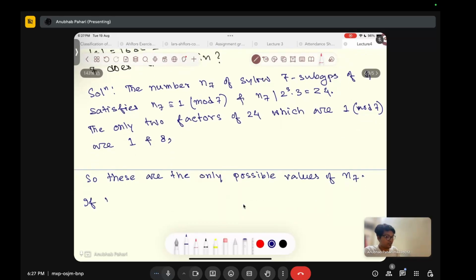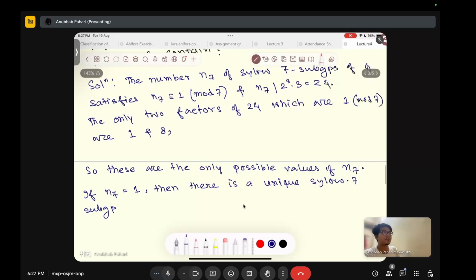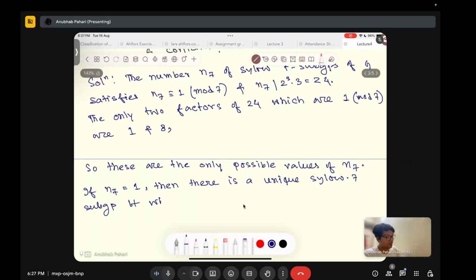If n7 equals 1, then there is a unique Sylow 7 subgroup H which is normal, but G is simple.